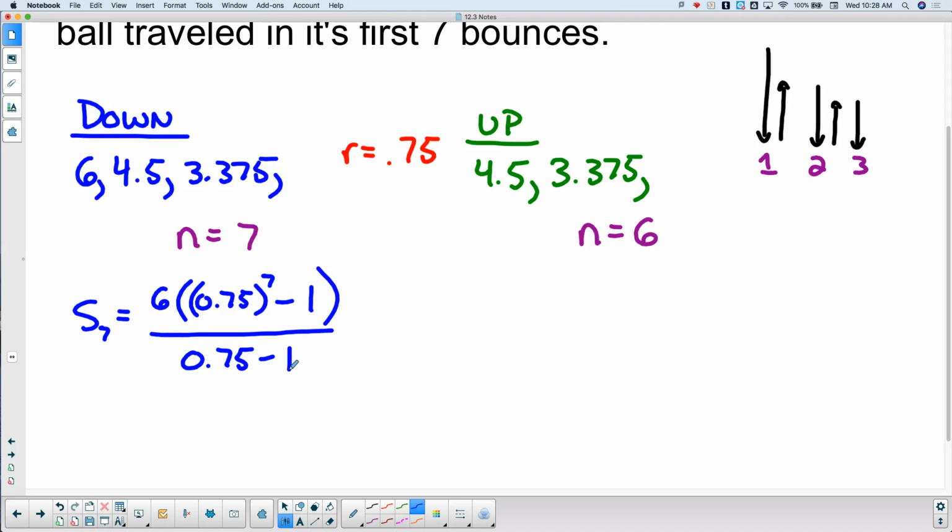I get here 20.7964 feet. So if I drop a ball from 6 feet and it rebounds to 3/4 of the height every time, the ball just traveling down is going to travel 20.7964 feet. Okay?